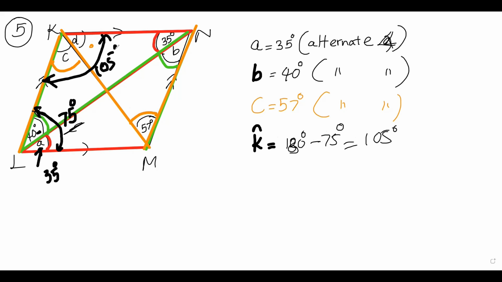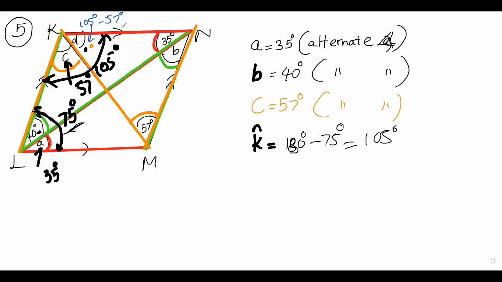Now, you know this angle is equal to 57. So D should be equal to the two angles, 105, minus this one, 57.